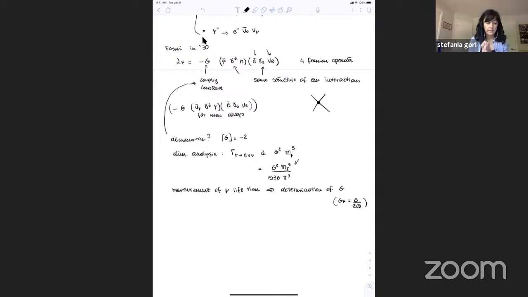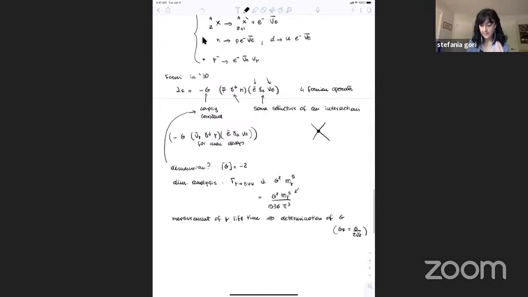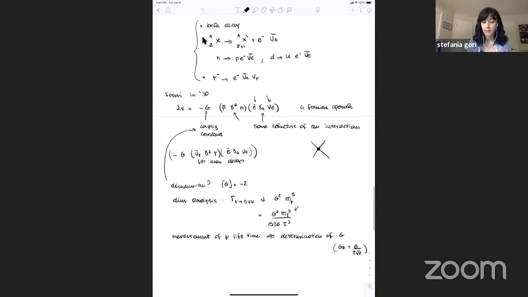So this is what Fermi guessed in order to explain this data for beta decay.